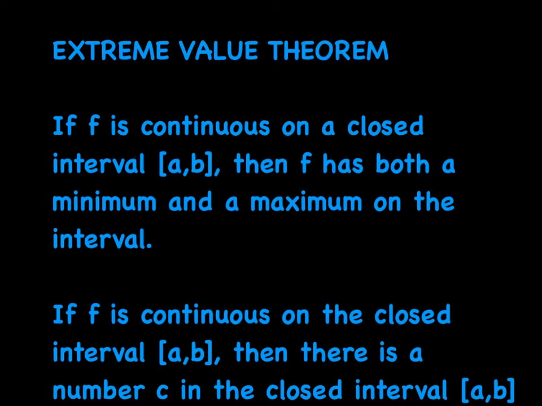The example I like to use here is maybe you have a phys ed class with exactly 20 students in it. 20 is a finite number, kind of similar to the fact that we've got a closed interval from a to b. And of those 20 students, maybe you decide we're going to have a chin-up contest. I'm not sure how many pull-ups it's going to take to win this contest, but somebody's going to win.